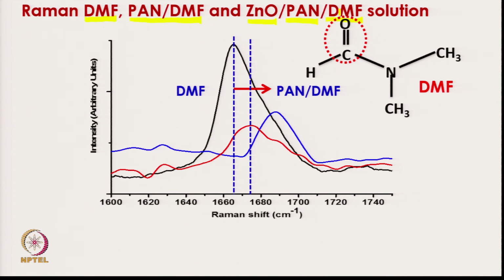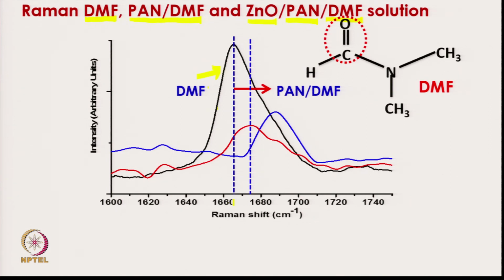So, the spectra here, what you see here, one is of DMF. So, this is the black line, this black thing is DMF, and you see it has a characteristic peak. So, we are only looking at one region, one peak. Obviously, the spectra is very large. So, I am just looking at one peak.